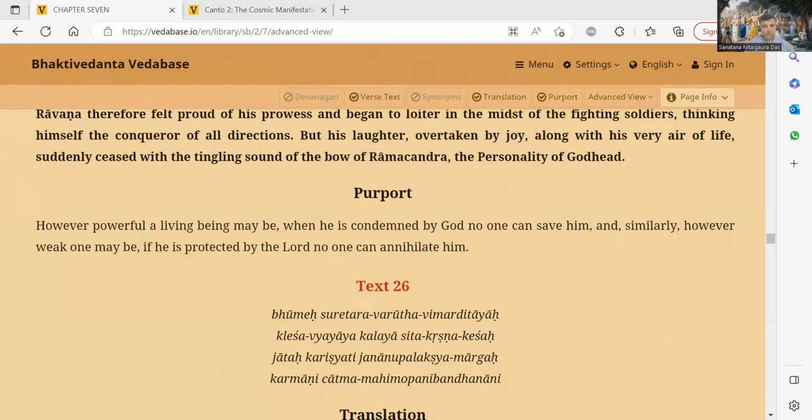Why does the Lord come to do certain pastimes? We all know, right? He comes yuge yuge, paritranaya sadhunam, vinashaya ca dushkritam. Leela avataras basically stick to this concept: he comes to protect the devotees, protect a certain devotee for a certain reason, and also to annihilate the demoniac mentality or the demons.